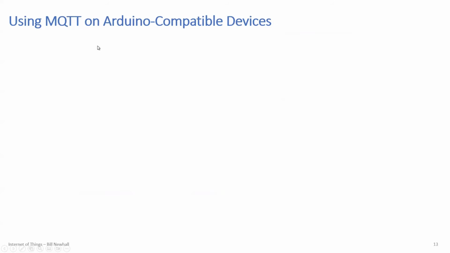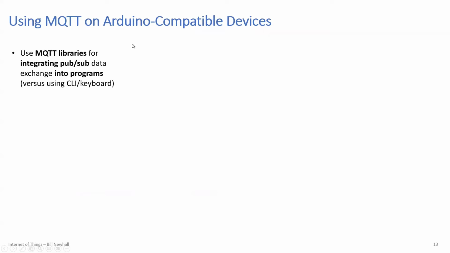Okay, so let's talk about using MQTT on Arduino compatible devices. So either something like the Arduino Uno Wi-Fi that you're using, or those ESP modules that can be programmed with the Arduino IDE. There are MQTT libraries for integrating this pub/sub data exchange into programs instead of using the command line.